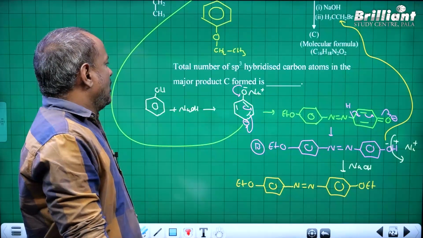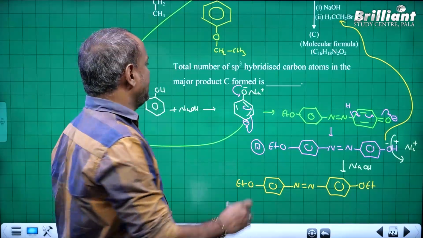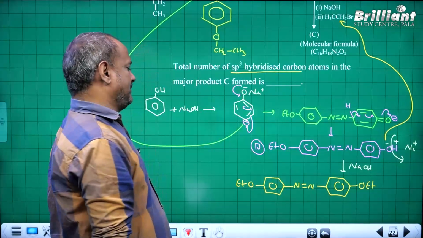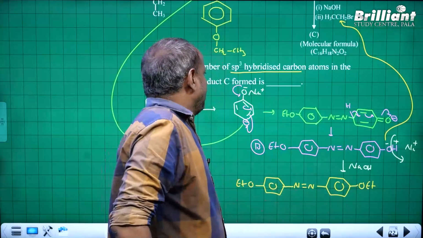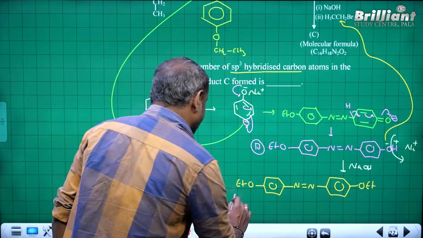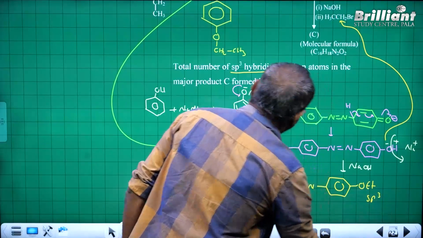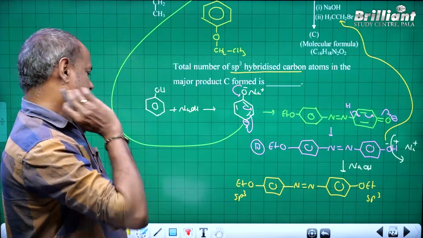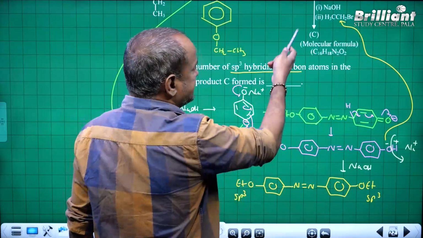Okay, how many sp3 hybridized carbon atoms? Ethyl is sp3 only because it is single bonded. So 2 here, here 2, totally 4, because the ring is sp2. So here sp3, here also sp3, 4 only. Okay, so no confusion because the formula is given here.